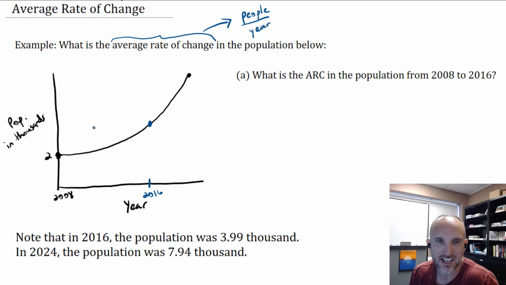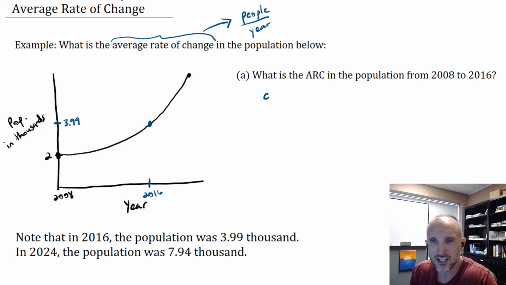So what we look at instead is, let's list how many people were in the population in 2016. That was 3.99, and it's already in thousands. So I'm not going to say this is 3,990. It's 3.99 thousands. And the way to figure this out is simply to take how much the population increased.